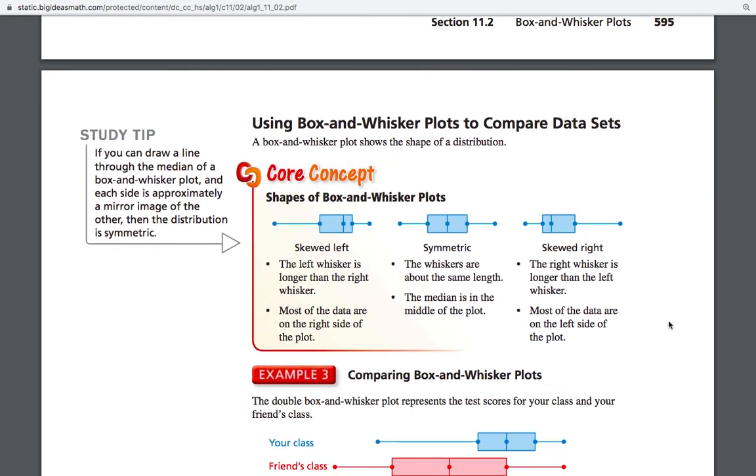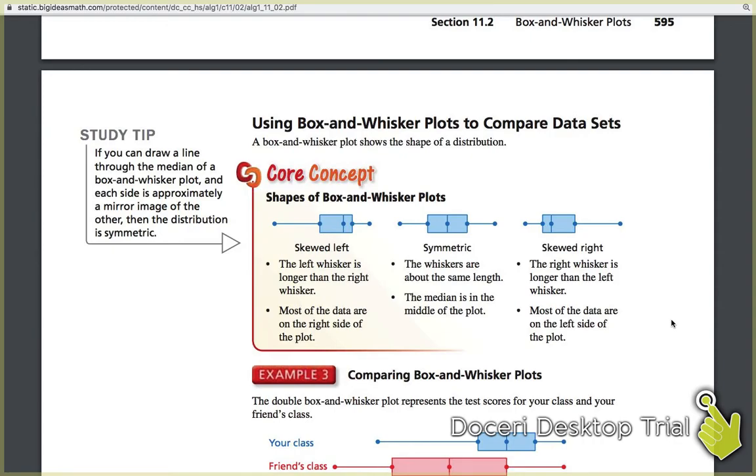These shapes, okay, this is kind of important. You're going to see questions on this. Skewed left, symmetric, or skewed right. Symmetric is when it's pretty much the same on either side, right? Same on either side. Both sides basically look the same. The whiskers are about the same. The median's about in the middle. If you look skewed left, that means it tails off to the left, okay?